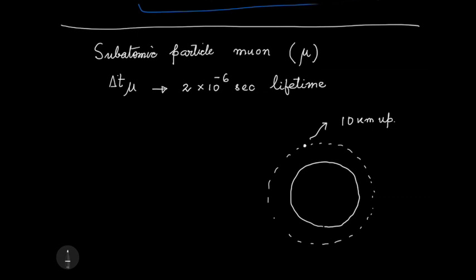Okay, so it is produced there, and we know that it has a lifetime of 2 into 10 to the minus 6 second. What does it mean? It means it is produced through some nuclear reaction. It will live for only 2 microsecond, and after that it will disintegrate to some other particles. Okay, all right.